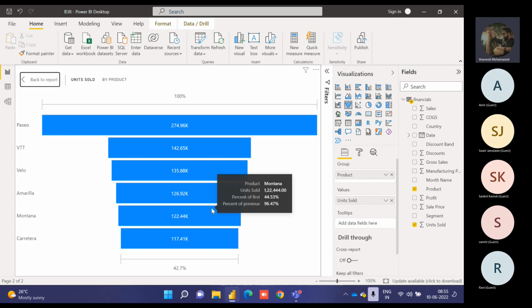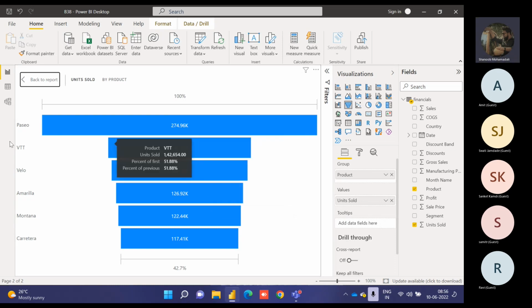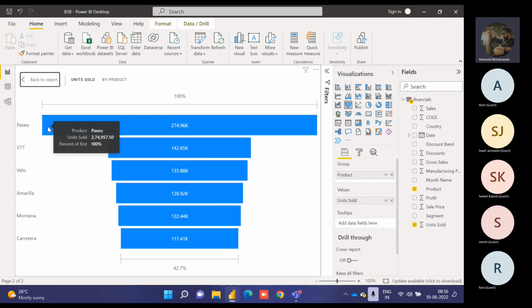You will have the products listed like this, and the total values would be there. Then it starts comparing, like the last 5 is now getting compared with the maximum product. The maximum product is Paseo, which has 274,000 units sold. So that is 100%.